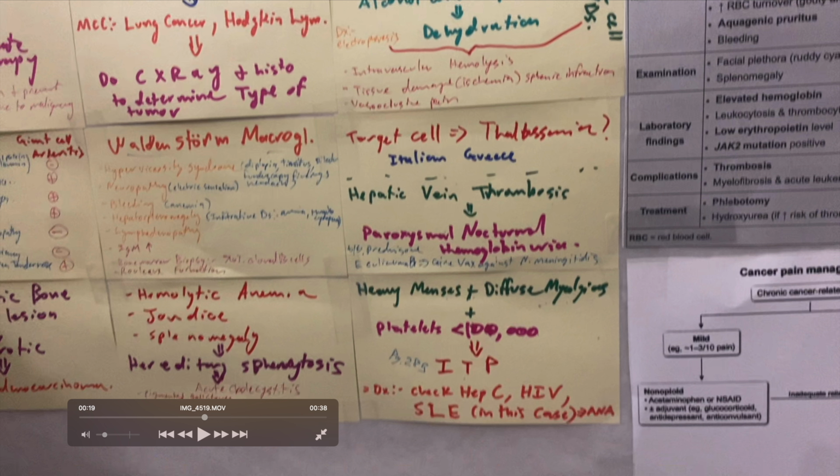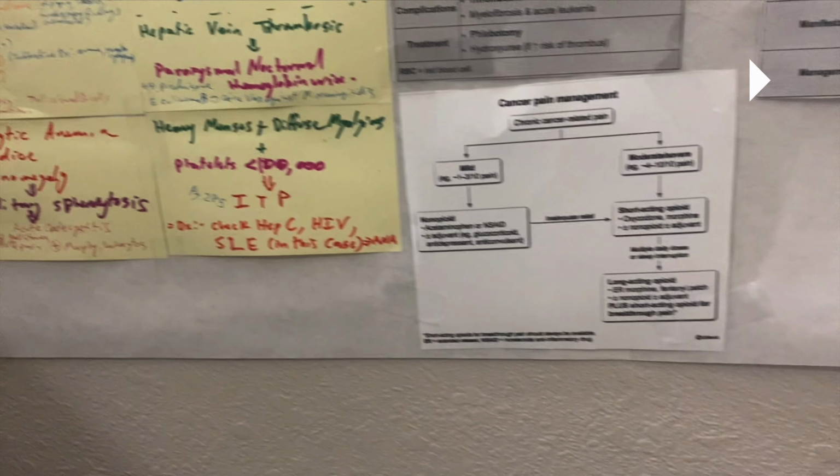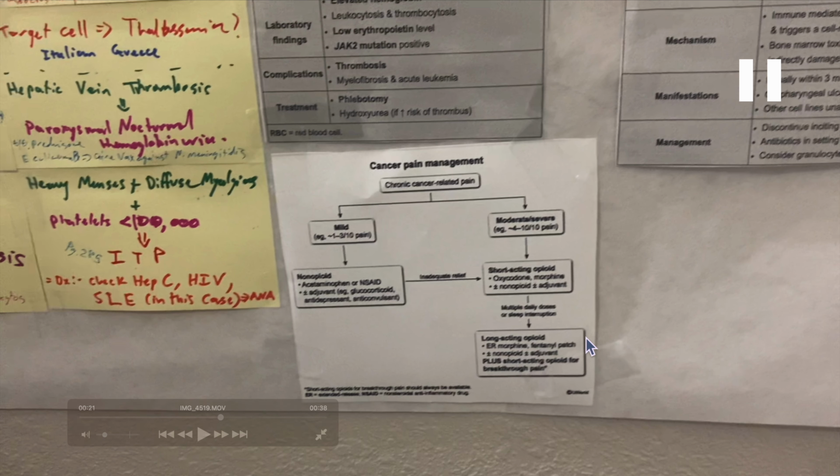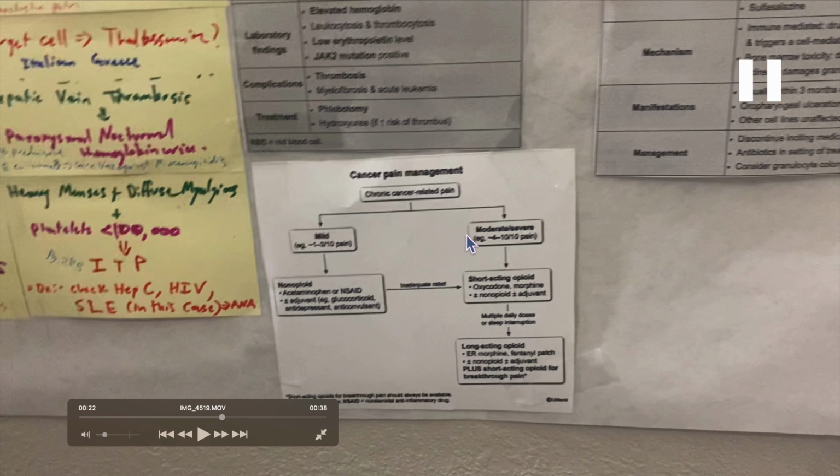Diagnosis here is you check for Hep C, HIV, SLE, and in this case you would check ANA for SLE, right? Which is on page 285 of First Aid. Okay. I think that's the best it's gonna do.